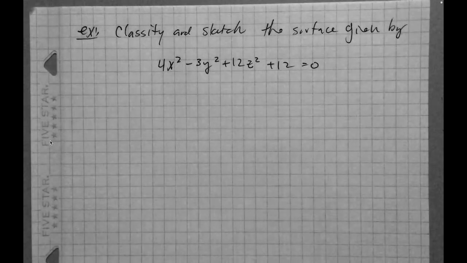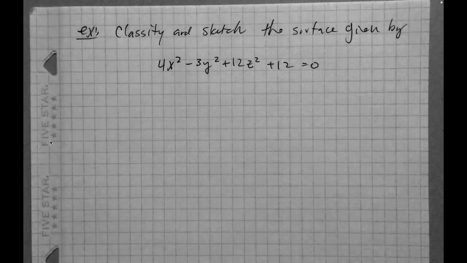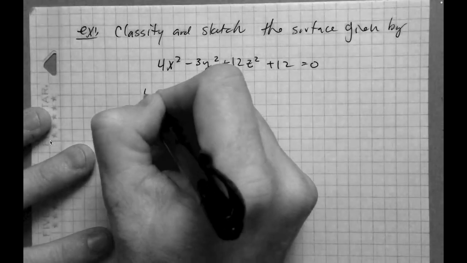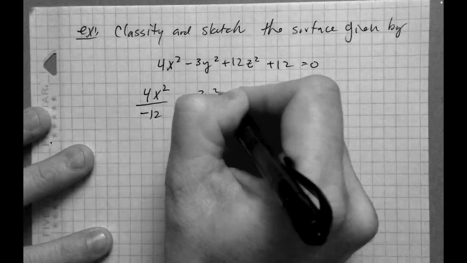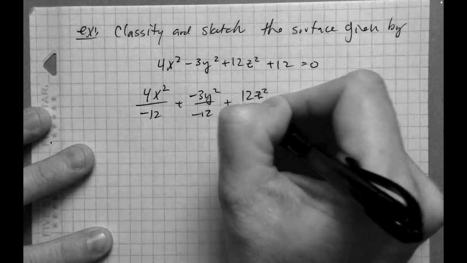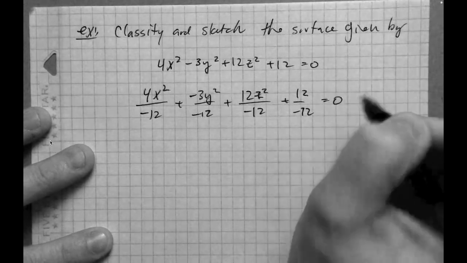And so what we can basically do is divide this all down, right? And let's divide it down by negative 12. Okay, and so we would have 4x squared over negative 12 plus negative 3y squared over negative 12 plus 12z squared over negative 12 plus 12 over negative 12 equals 0.